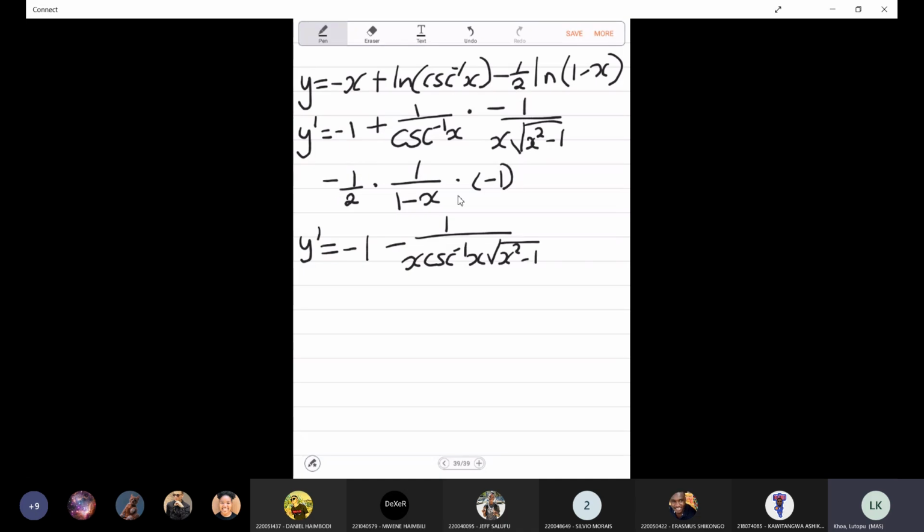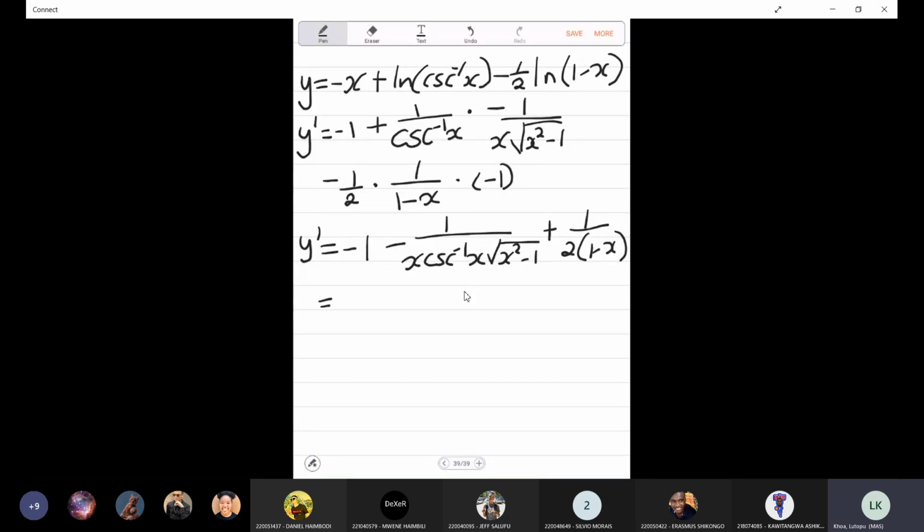And here we have negative and negative. That will become positive. So we have 1 over 2, 1 minus x. So you can rewrite this so that the positive term comes first. That is usually what we prefer. It looks nicer that way instead of starting with a negative, negative, and then the positive.